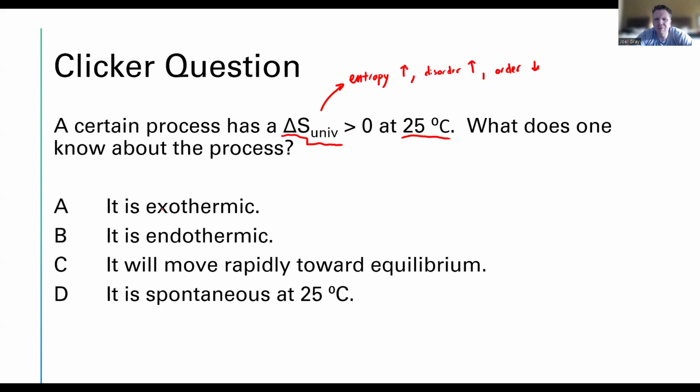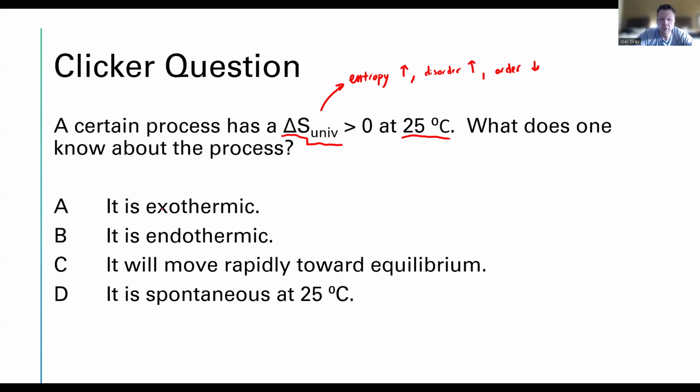Now, with respect to option C, that it will move rapidly toward equilibrium, well, we can't really say that because the change in entropy doesn't directly relate to movement towards or away from equilibrium.